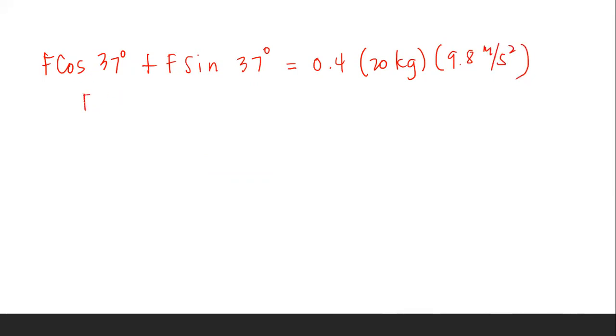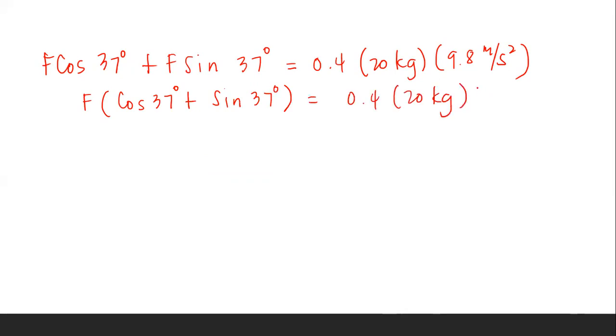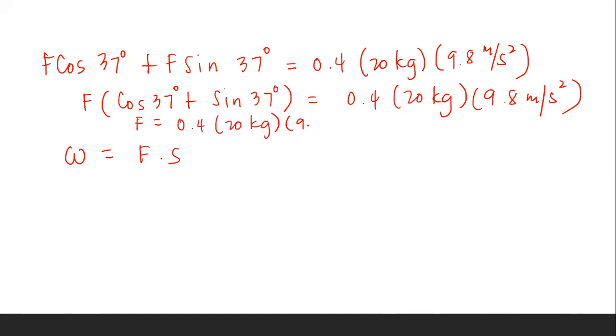Common factor is F, therefore that is cosine 37 degrees plus sine 37 degrees equal to 0.4 times 20 kilogram times 9.8 meter per second squared, where work is equal to F times S, where F now is equal to 0.4 times 20 kilogram times 9.8 meter per second squared divided by cosine 37 degrees plus sine 37 degrees.